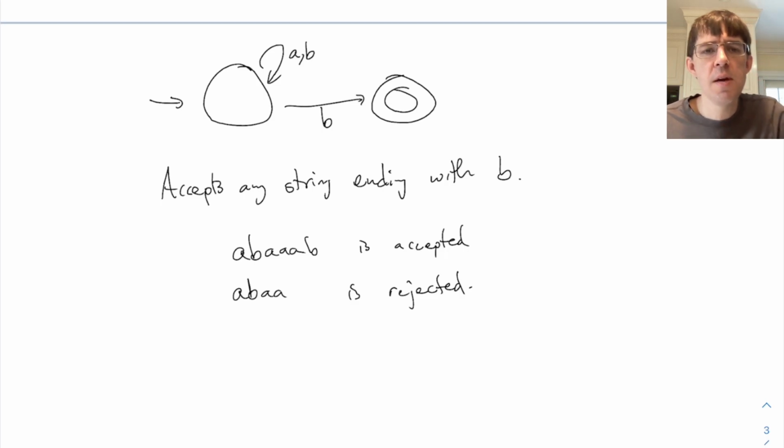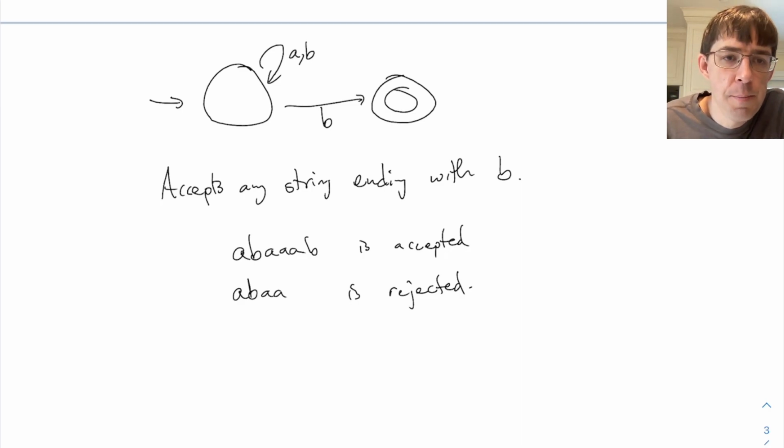It's weird because in a DFA it is always obvious how you're supposed to read the arrows from step to step, because there's only one choice. And similarly, this is rejected. What that means is there is no way to end up over here after reading all of these letters. You could go A, B, A, A. Actually, that's the only way you can read all of these letters on the diagram.